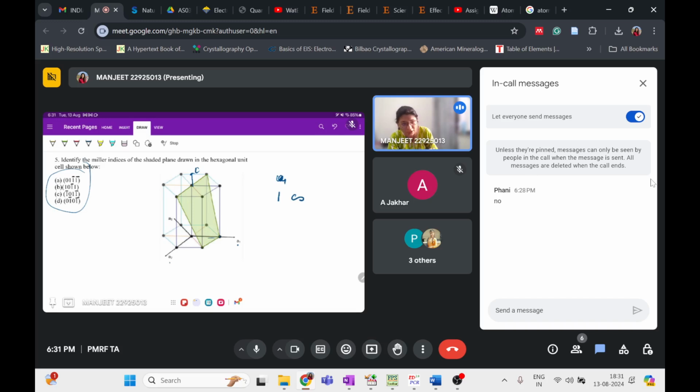For A3, it is parallel in this direction and will not intercept anywhere, but in the negative direction of A3 it is intercepting here. So this will be minus 1, because it is at 1 unit in the negative direction.